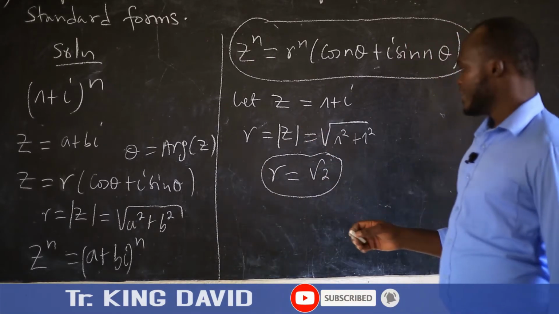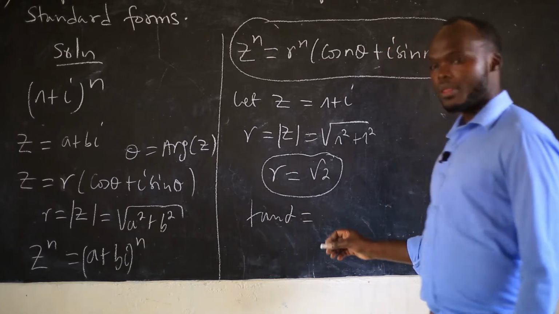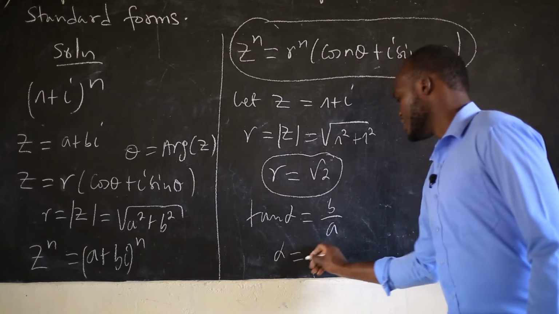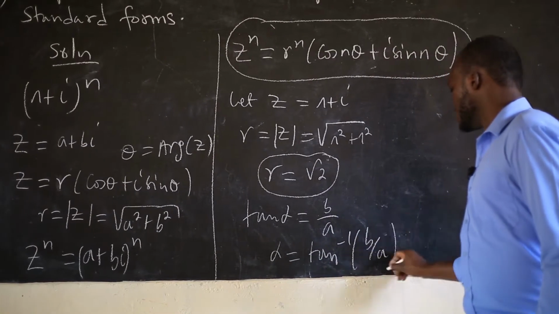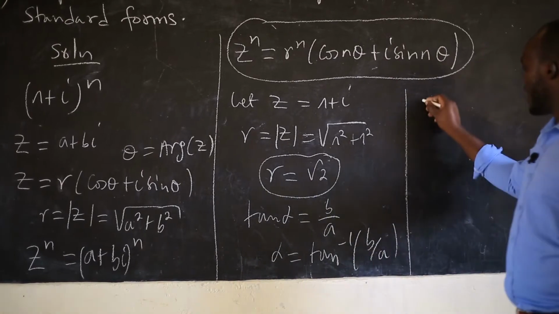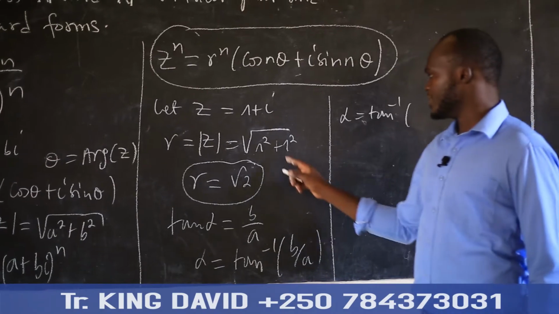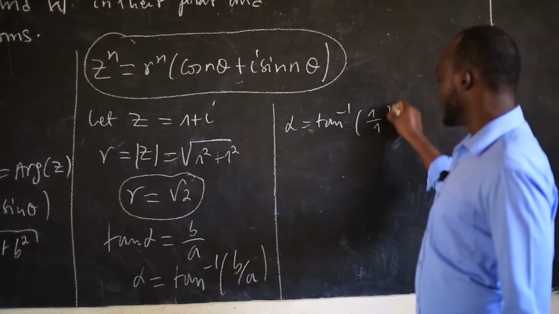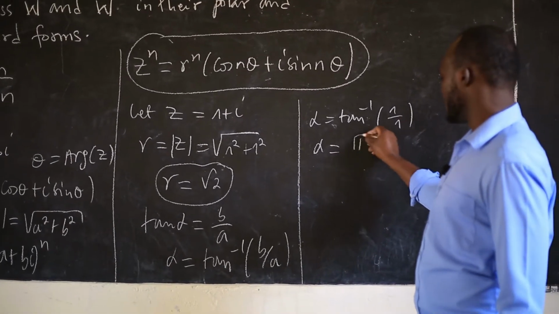Then tan α equals b over a, so α is tan inverse of b over a. Our b is 1 and our a is 1, so α is tan inverse of 1, which is pi over 4.